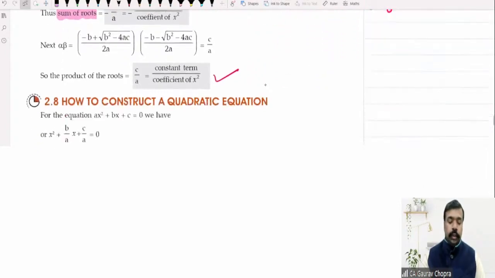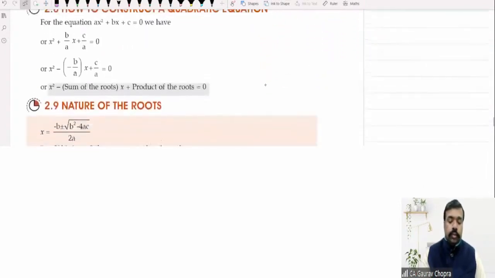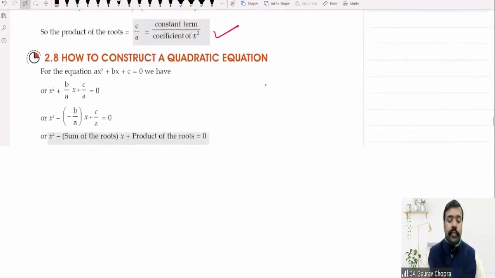So these are the sum and product of roots. Now, the next thing, which is based on these two, sum and product, is how to construct any quadratic equation. It is very simple to construct the equation.